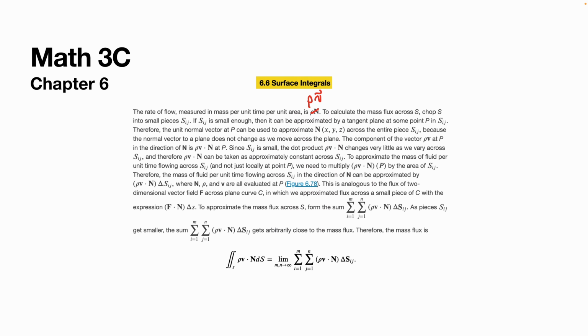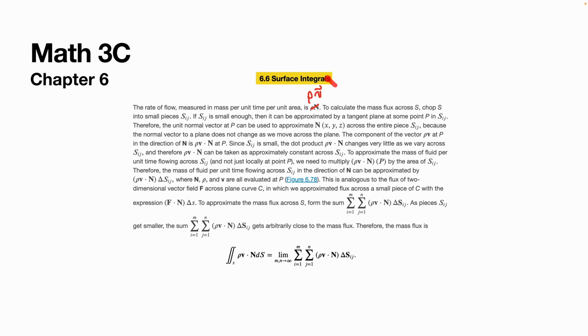All right. So in the next paragraph, they have a typo. They write v vec. It should be rho v vec, so that's just the f vec that we were looking at. So here is f vec dot n. Then they motivate it by breaking the surface up into small pieces, and at any piece, they can find the fluid flow in the normal direction evaluated at a point, and multiply that by the area of the small patch to get a representation of approximately how much fluid is flowing past that small patch.